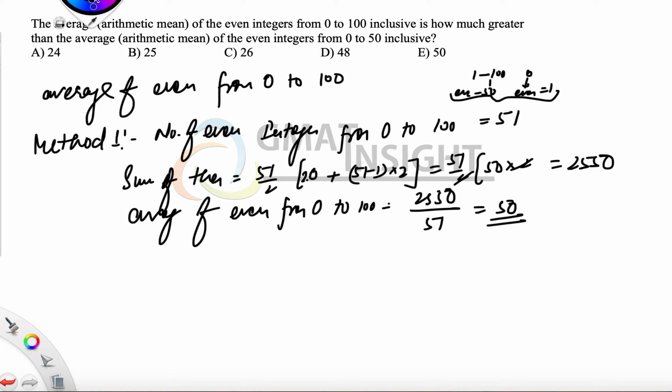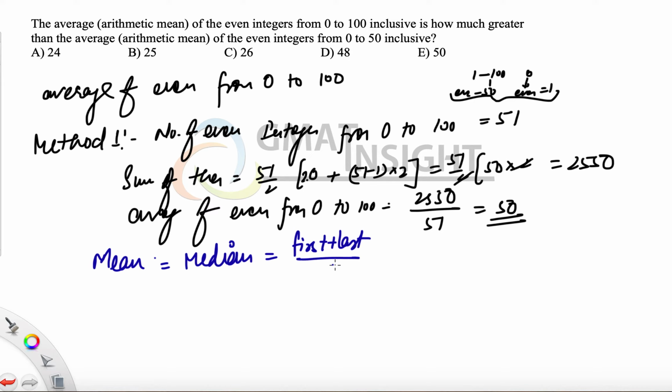Now method 2, we can quickly answer it this way, which is that the mean is always equal to the median, which is always equal to the average of the first and the last term, which turns out to be 0 plus 100 divided by 2, that is 50.